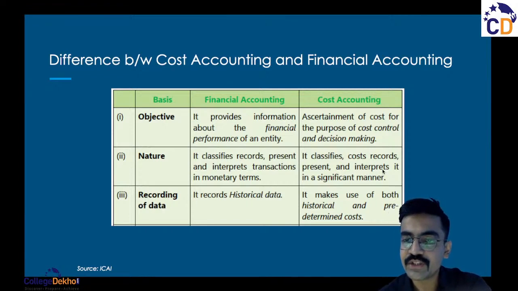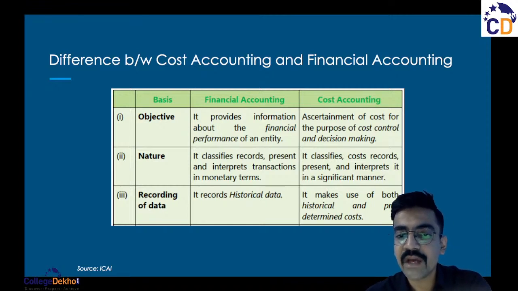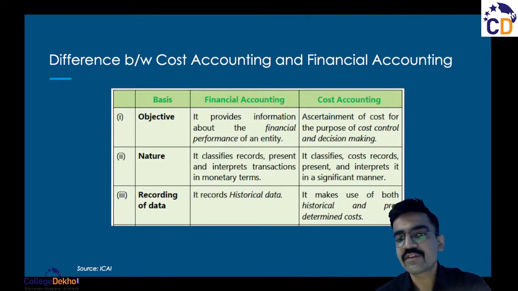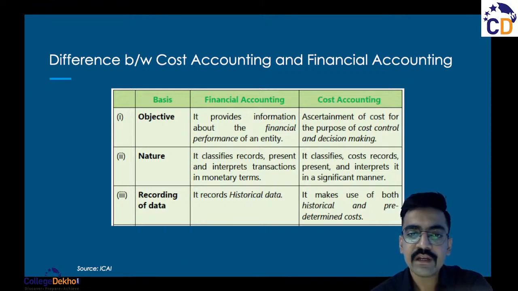And this interpretation is most of the time for the internal users of the company, such as the management, while the information that is included in financial accounting is generally for the stakeholders in general, and these stakeholders could be internal, these could be external, these could be the potential investors, these could be the current investors, right? So the process of classification, recognition, measurement, reporting or disclosure again is broader in financial accounting than it is in cost accounting.